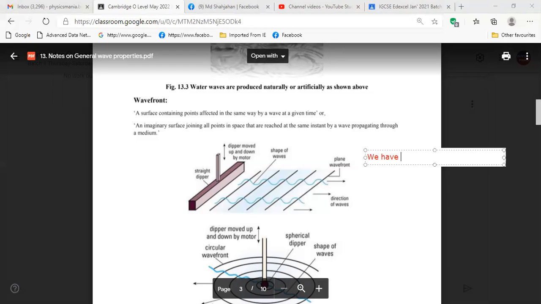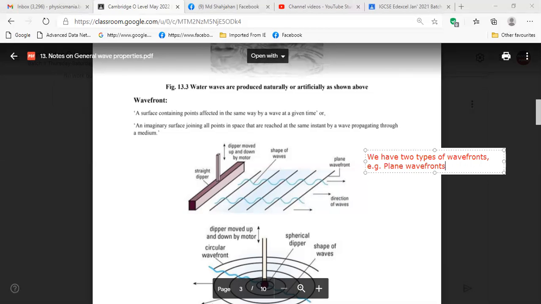We have two types of wavefronts: plane wavefronts and circular wavefronts.